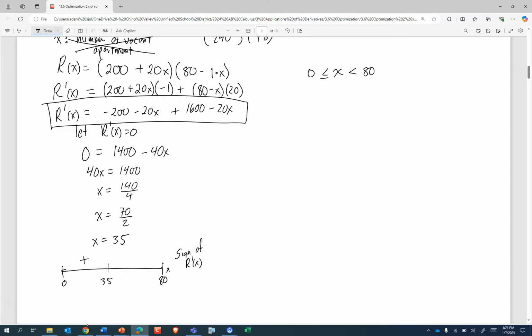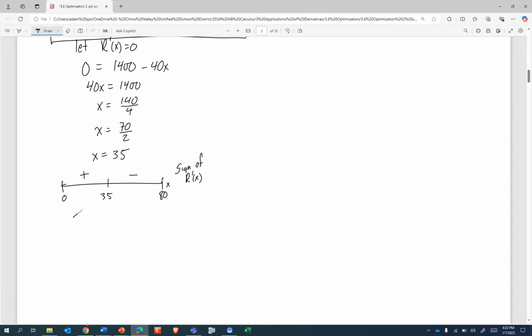And if we use 50, I think 50 is big enough, because r prime of 50 is going to be negative 200, and then 20 times 50 is 1,000, plus 1,600 minus another 1,000. That's clearly negative. So that means we definitely found a maximum.